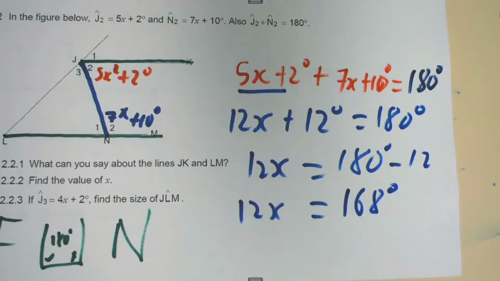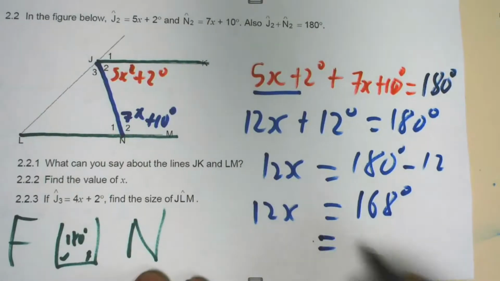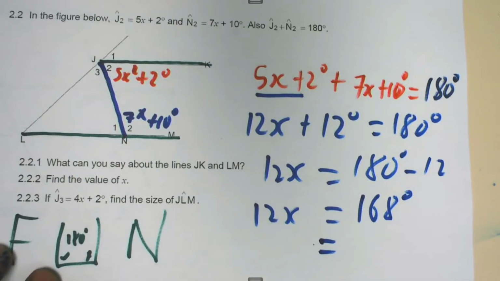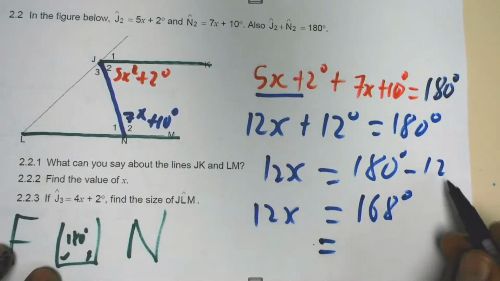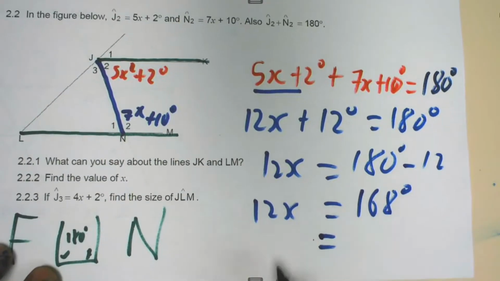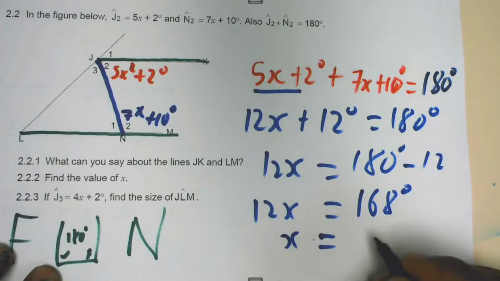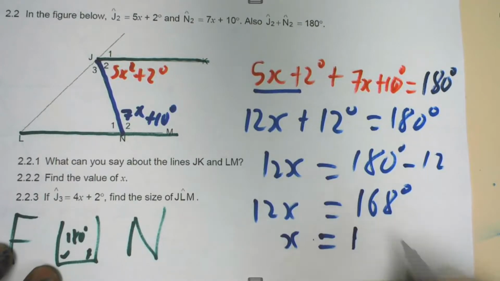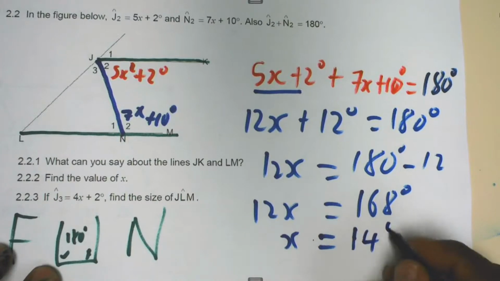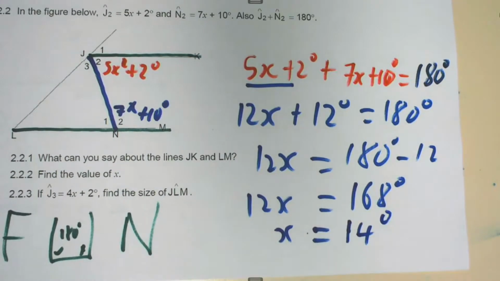All right? Then what is our x? How many 12s in 16? 1. And then you are left with 4. How many 12s in 48? 4. Therefore, your x is 14 degrees.